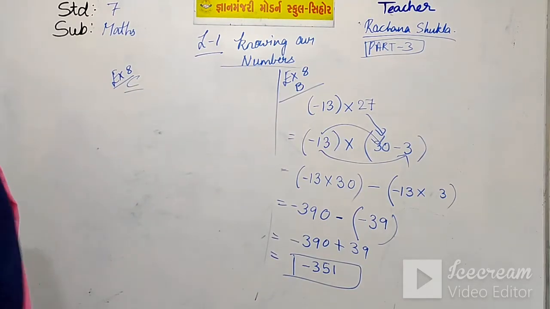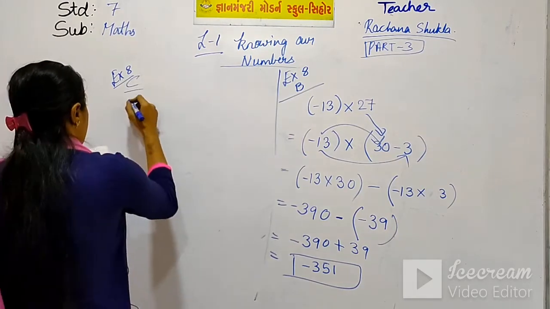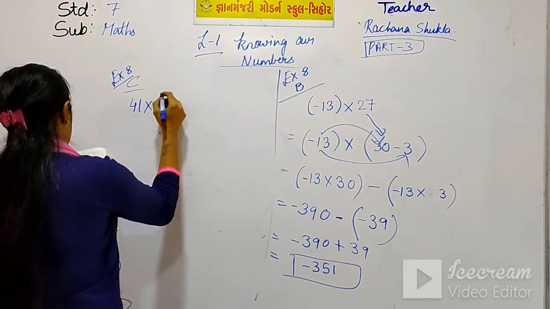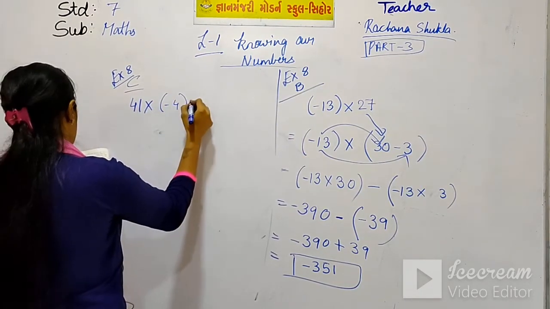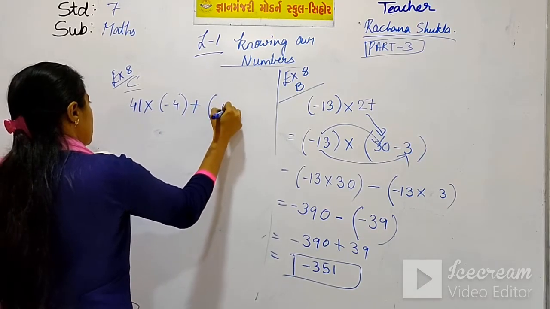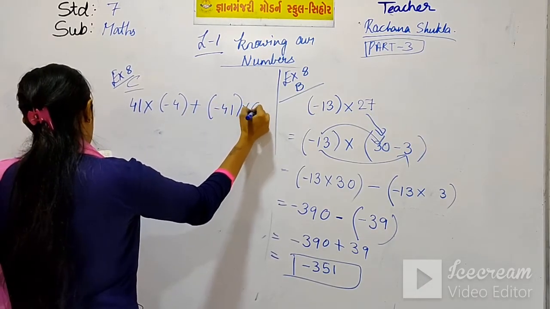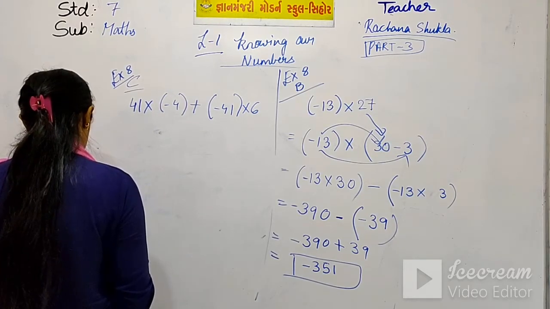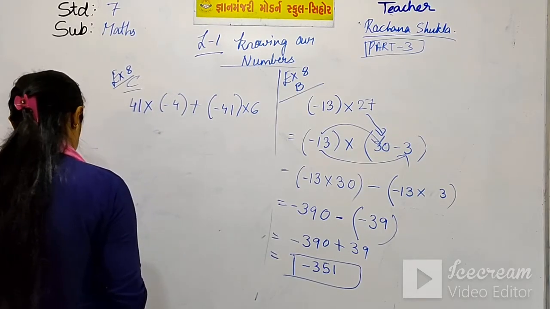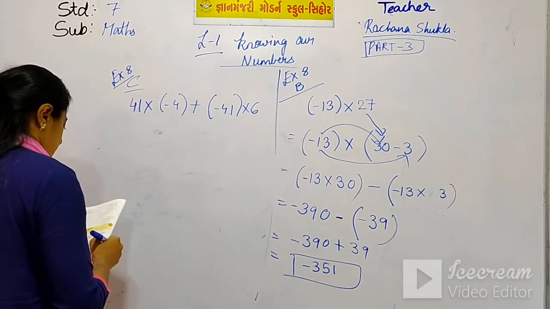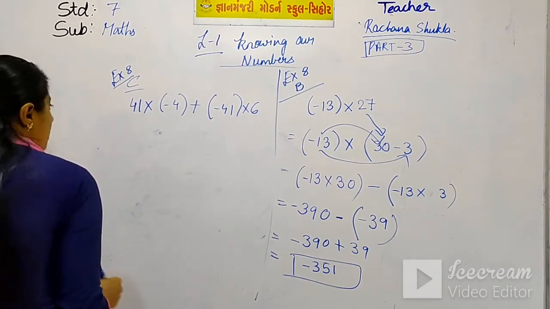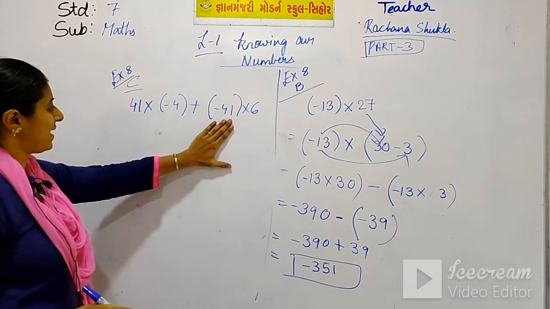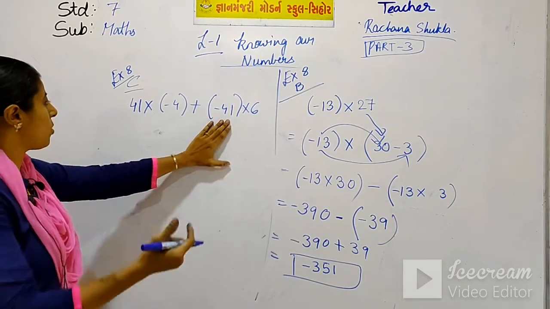Example 8c is 41 into minus 4 plus minus 41 into 6. So first let's convert this into positive.